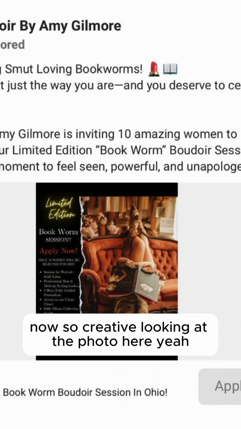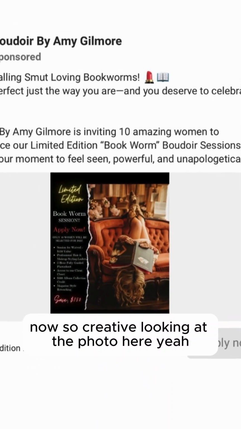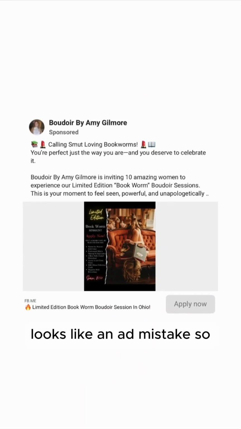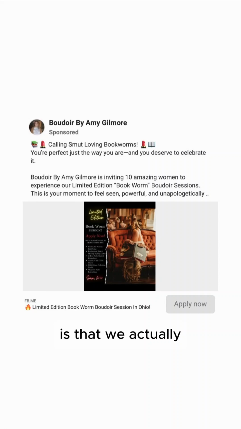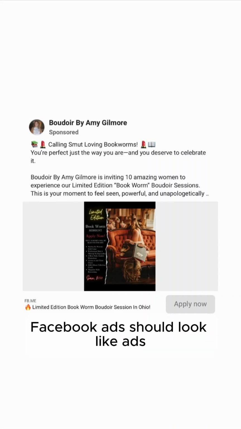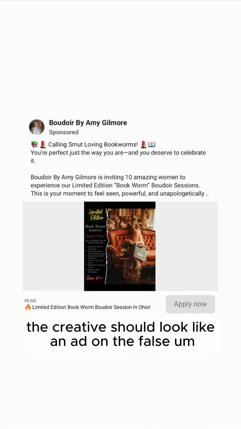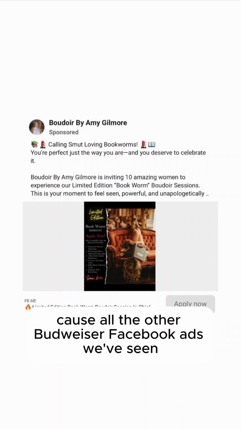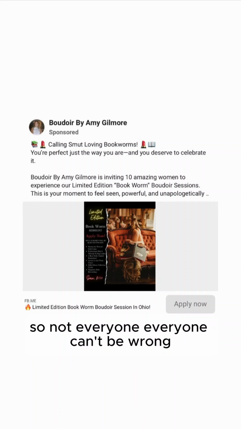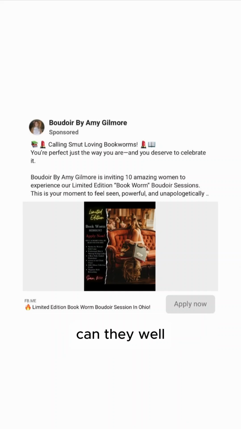Now, looking at the photo here, yeah, we've got the looks like an ad mistake. The false belief that caused us to make this mistake is that we believe Boudoir Facebook ads should look like ads. The creative should look like an ad. And that's because all the other Boudoir Facebook ads we've seen all look like ads. So everyone can't be wrong, can they?